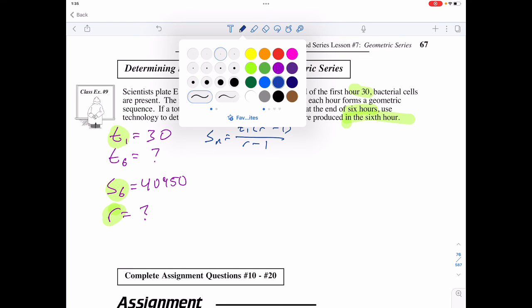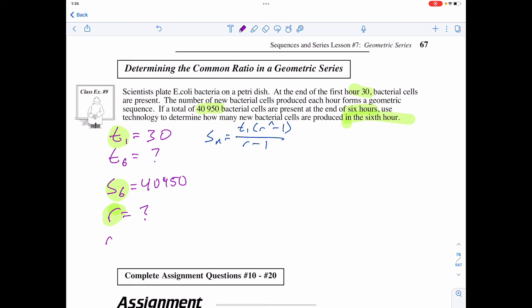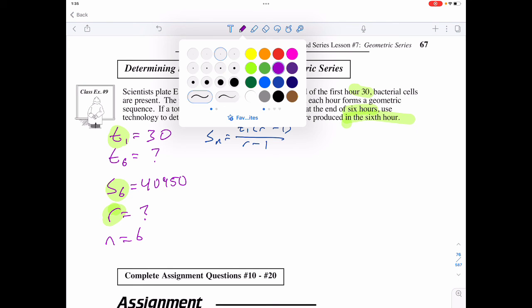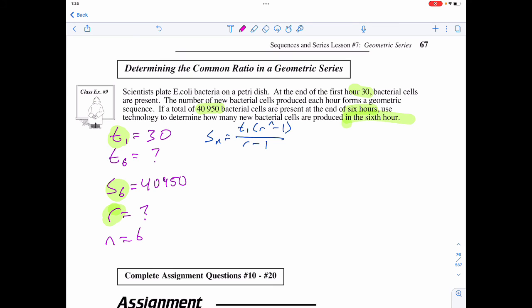And I know, because it's the sum of the first 6 terms, that my n value is 6 in this case. I can sub all this in to solve for what my R value is. If 40,950 is equal to 30 times R to the power of 6 minus 1, all divided by R minus 1.